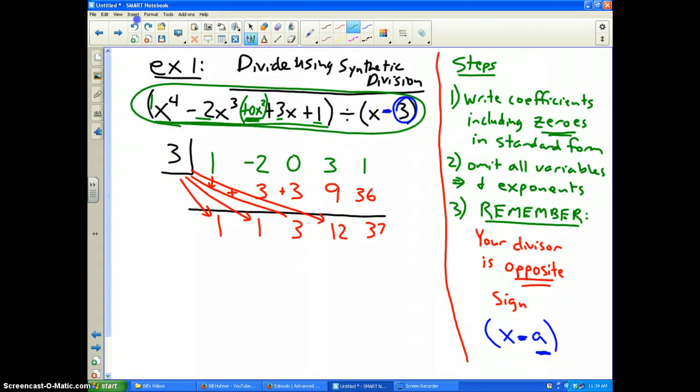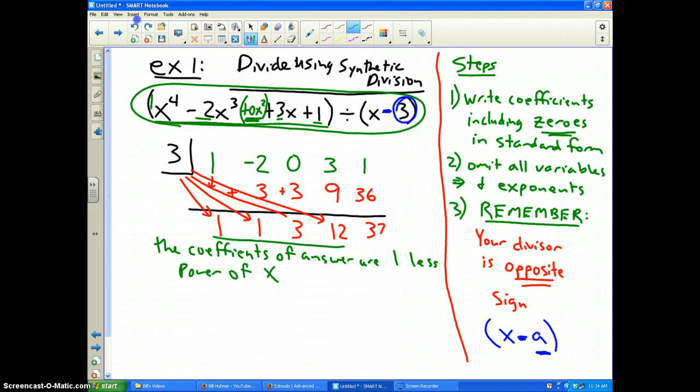The key is the coefficients of your answer are 1 less power of x than what it was previously.